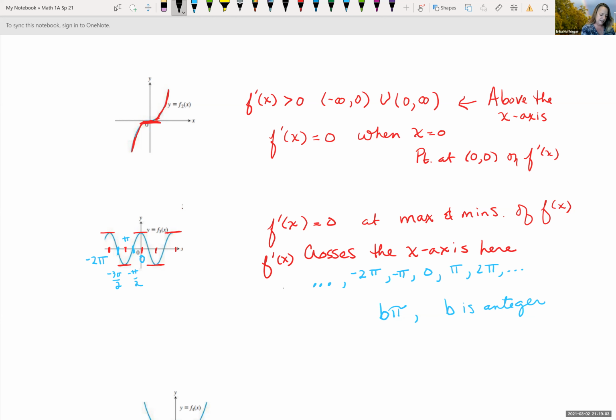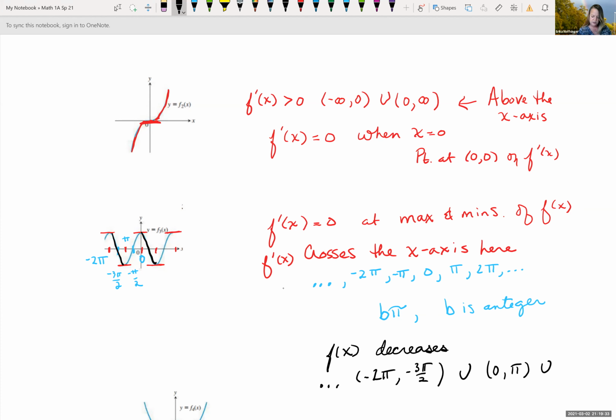And then decreasing. Well, it's decreasing from negative 2 pi to negative 3 pi halves. It's decreasing from 0 to pi. These are coming in forever.